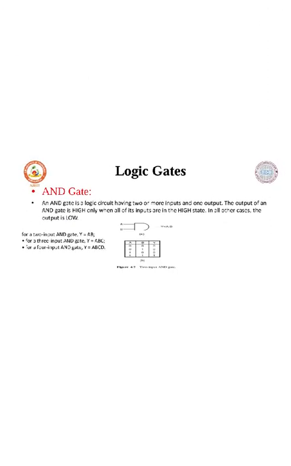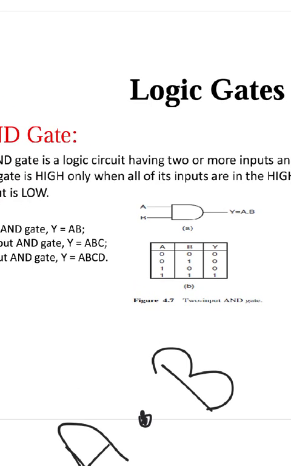Next is the AND gate. What does the AND gate do? The AND gate performs the multiplication operation, and that multiplication is given by the dot symbol, A dot B. Here you can see the diagram of an AND gate.